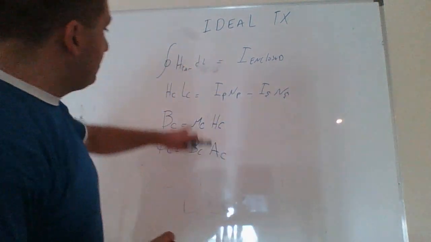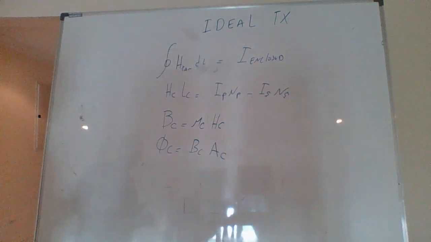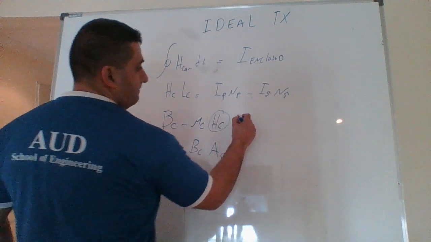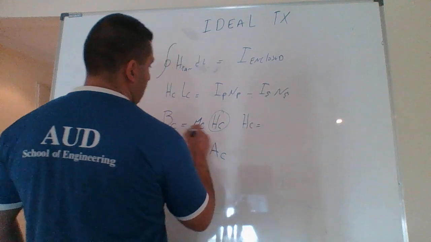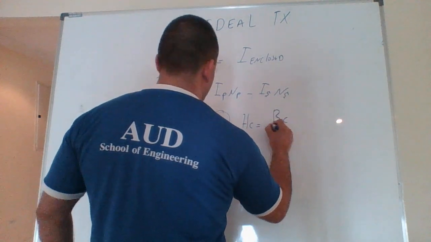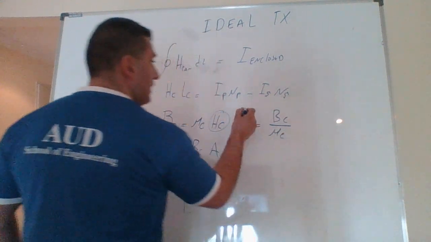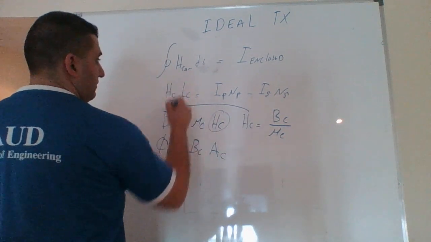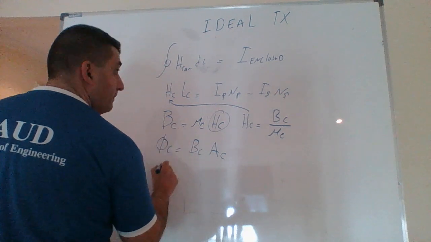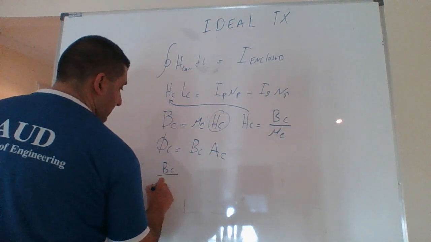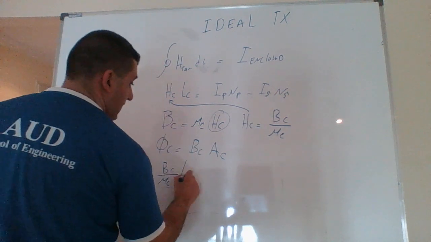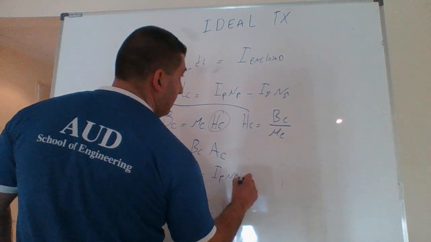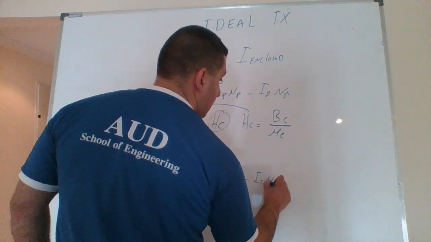Now, if I rearrange this a little bit, H of the core is equal to B of the core divided by mu C. I put this back in, and this gives B divided by mu C times L core equal to IP NP minus IS NS.